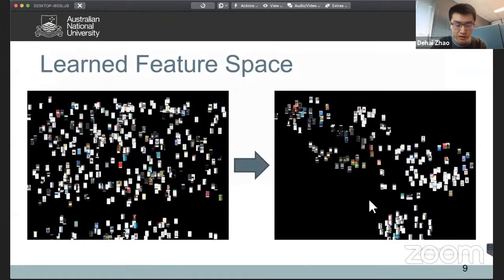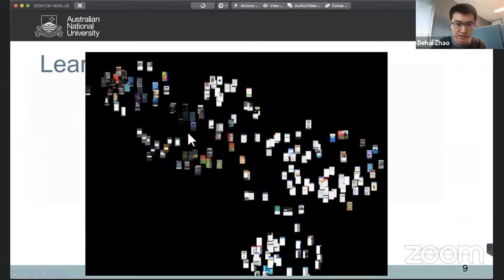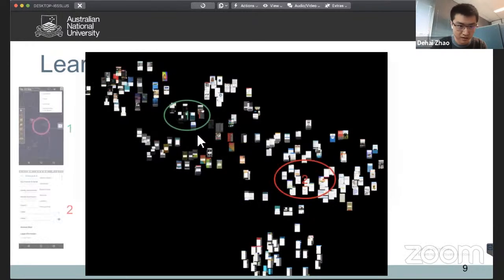By using our method, we can see the randomly distributed examples are clustered. And we can see the same animations are located at the same position. But note that GUIs with the same animation but different visual effects are located at different positions.